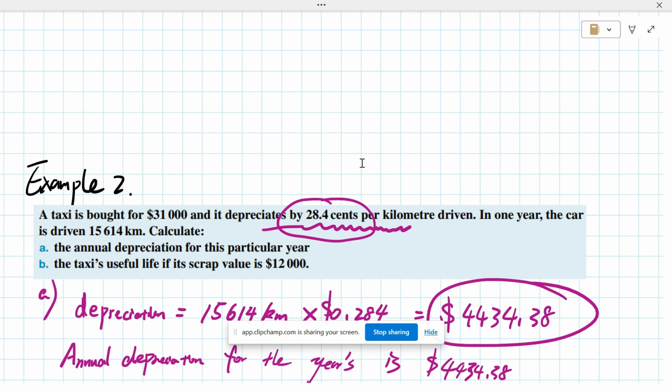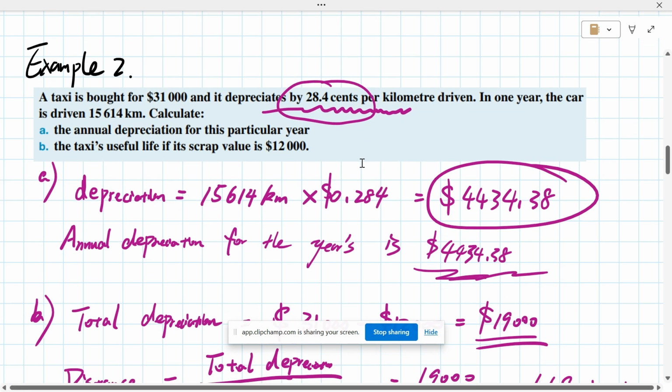First, we need to find the depreciation amount, so we multiply the total distance by the rate per kilometer, which is $0.284, and you will find the annual depreciation.